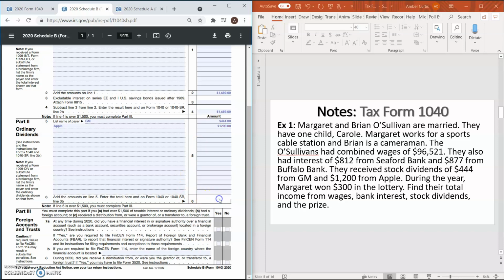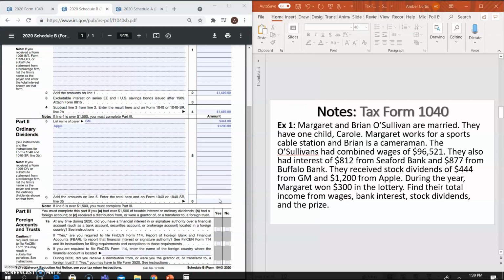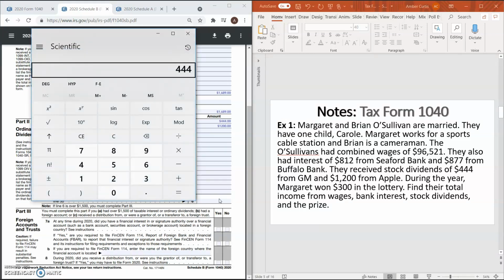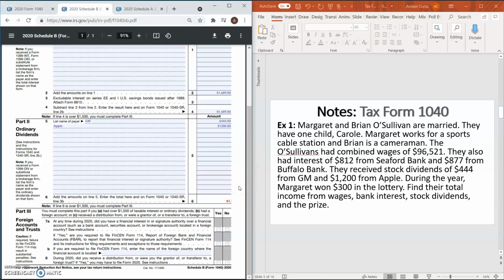Add the amounts from these. So we've got our calculator again, and we've got $444 and $1,200 for a total of $1,644. Now, if line 6 is over 1500, you must complete part 3.